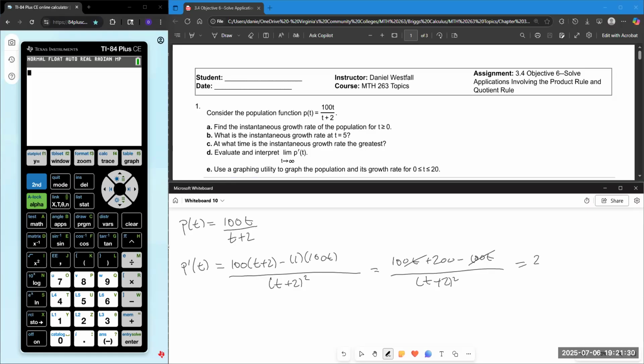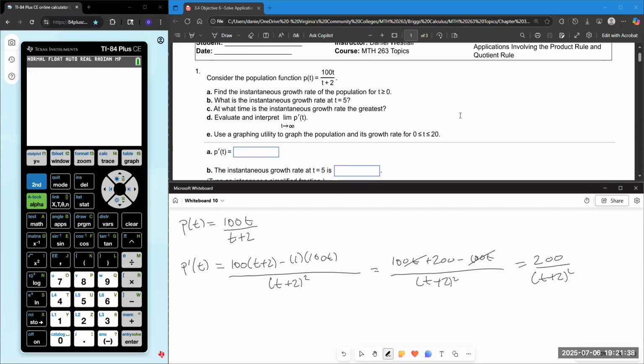That's going to be 200 over t plus 2 quantity squared. So this is 200 over, if I expand t plus 2 squared, that's t squared plus 4t plus 4.